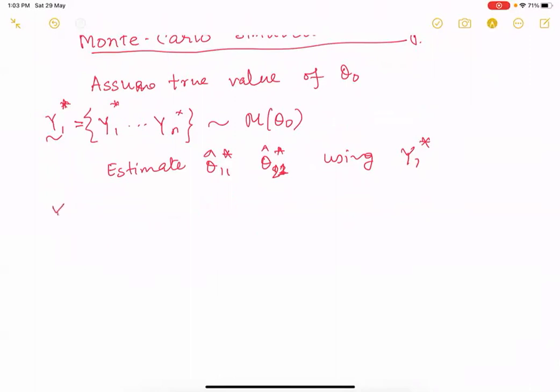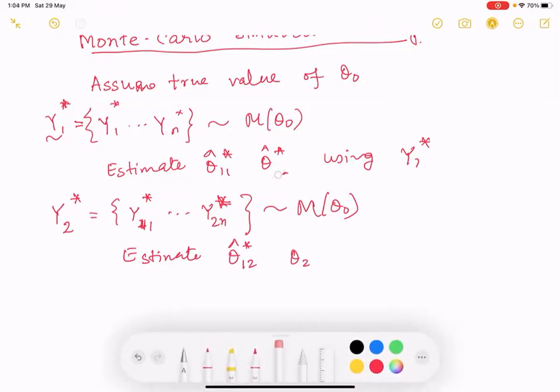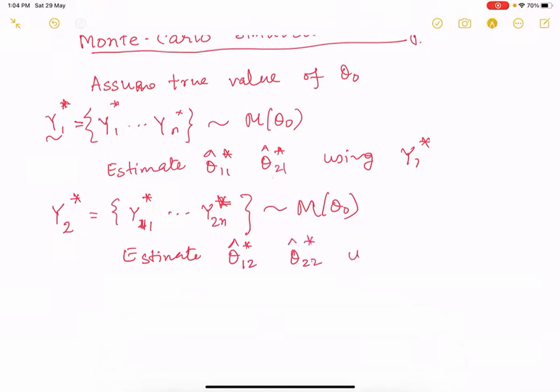Then you generate another sample y2 star, y1 star, ... y2n star from the same model with the same parameter theta naught, and you estimate theta 1 2 hat star and theta 2 2 hat star using y2 star.